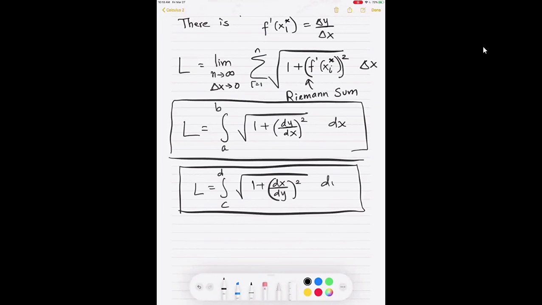Thank you. Here, I'm just going to write comments. Here, x is between A and B, and we are integrating with respect to dx. Here, y is between C and D, and we are integrating with respect to dy.